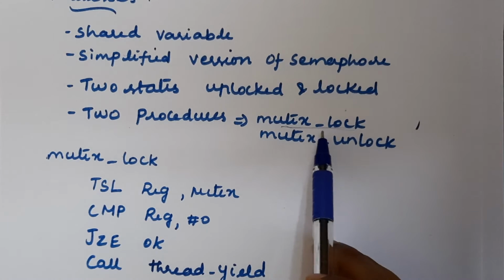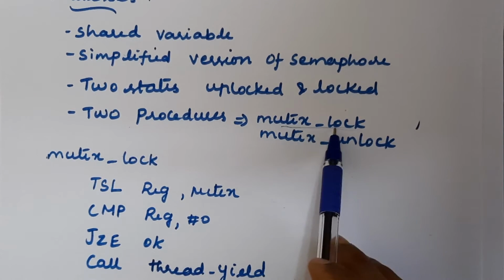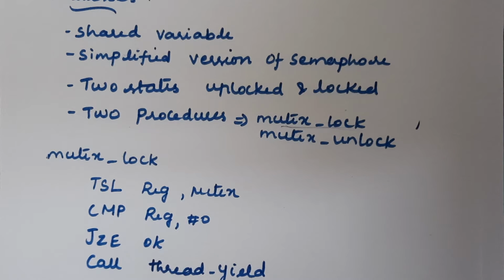Suppose the mutex is already locked. When a thread calls mutex lock, it comes to know that the mutex has already been locked, which means some other thread is using that common data and is currently in the critical region. So the calling thread cannot enter the critical region and has to block.